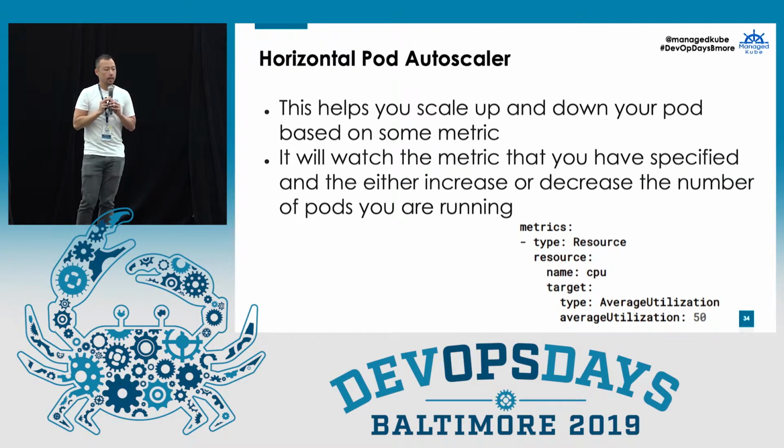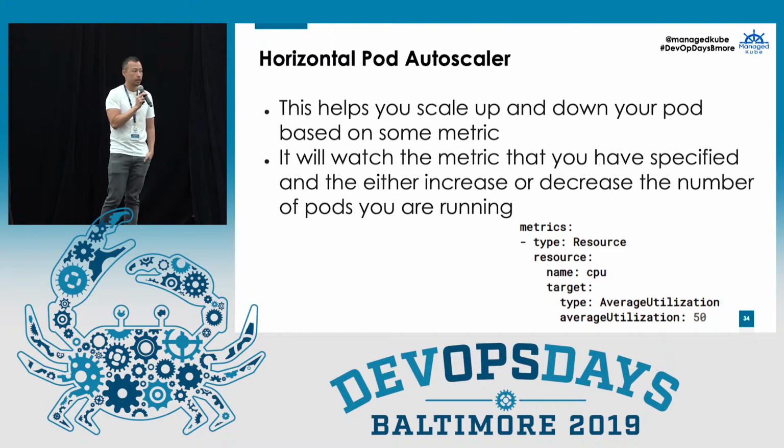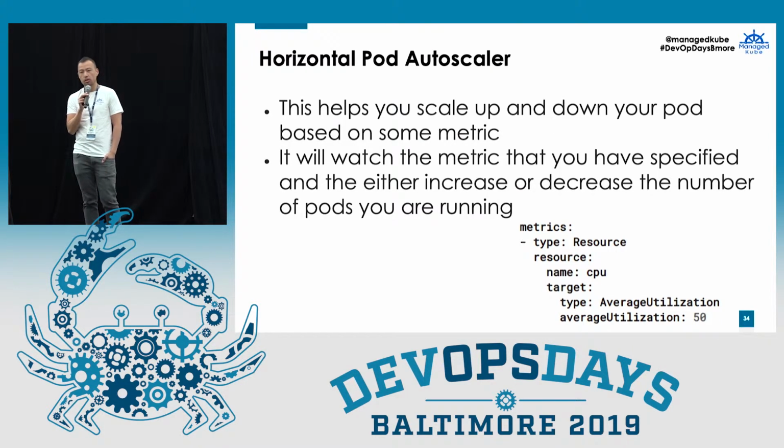And then there's also a horizontal pod autoscaler. If you're familiar with AWS autoscaling groups and scaling by CloudWatch type metrics, this is kind of the same thing, but on a Kubernetes level. The simplest form is that you can scale on CPU usage.